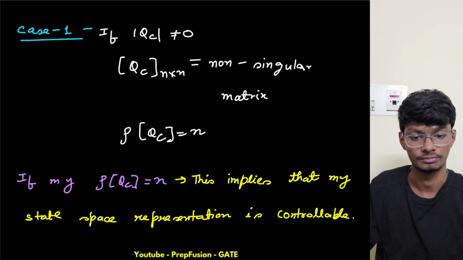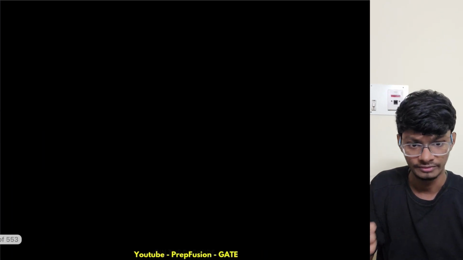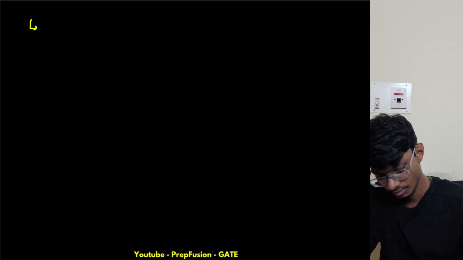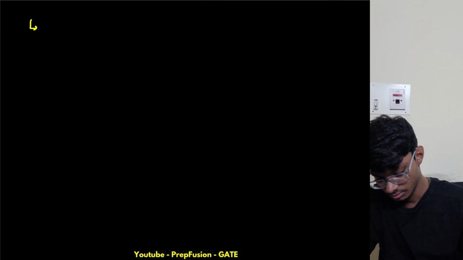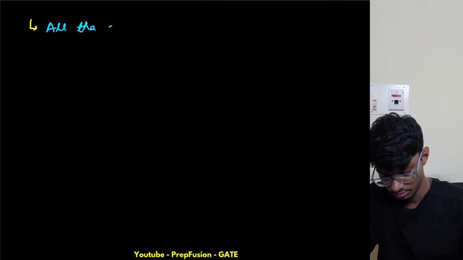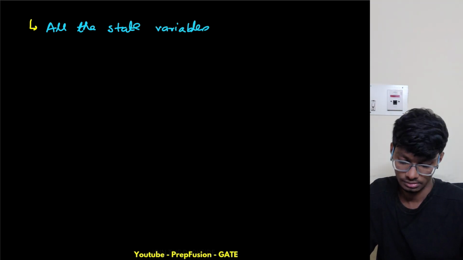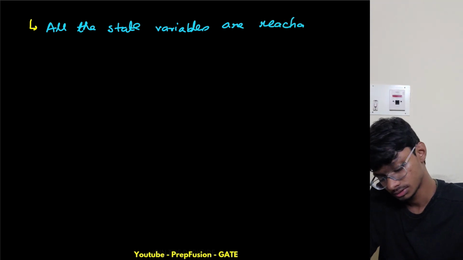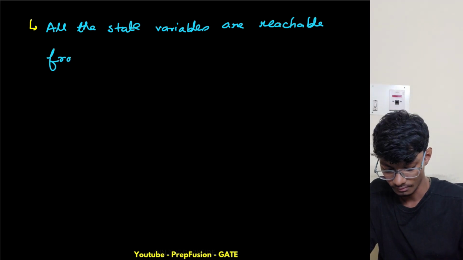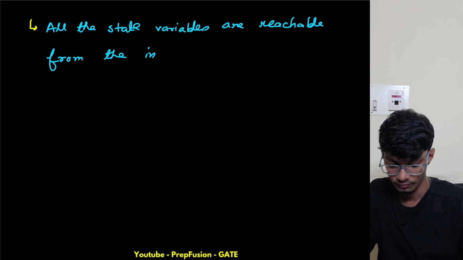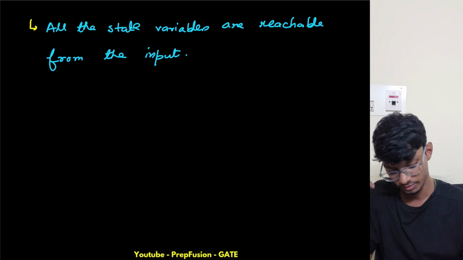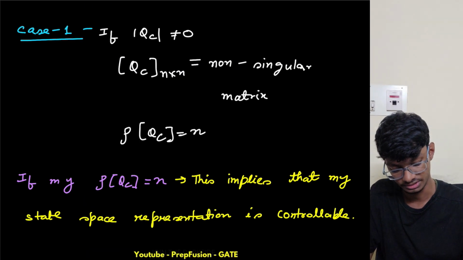I told you this previously also, but I will give you a brief. Basically this means all the state variables are reachable from the input if QC is not 0, if my state representation is controllable.